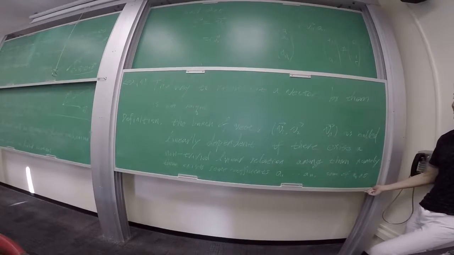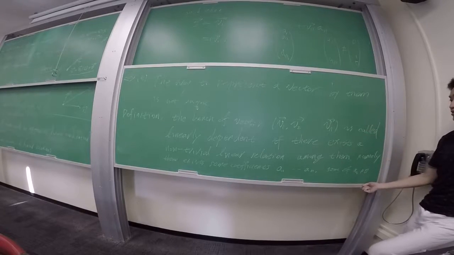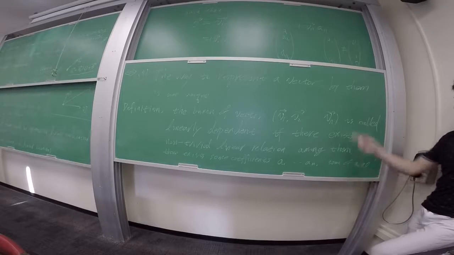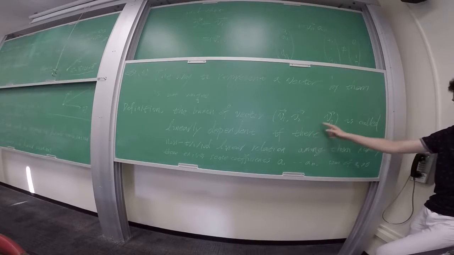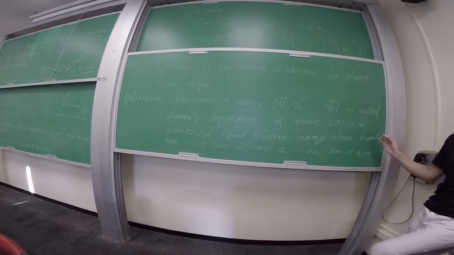So a bunch of vectors, which is a row matrix of several vectors, are in the same space, and this bunch of vectors is called linearly dependent if there exist some non-trivial linear relations among them.